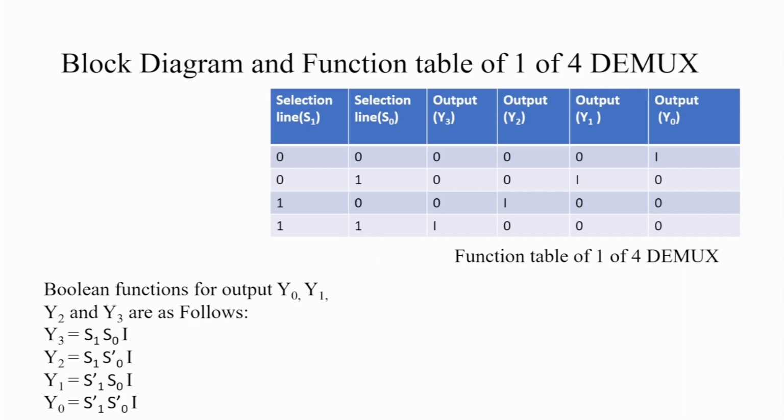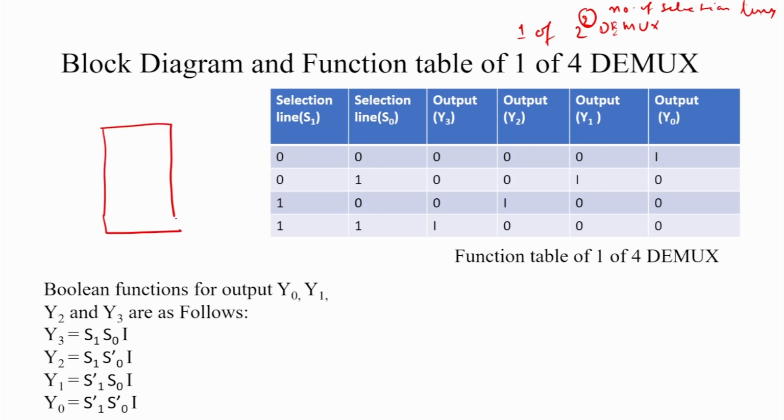Similarly, the block diagram and circuit diagram of the 1 of 4 demux. 1 of 4 demux is also known as 1 of 2 to the power 2 demux. Here this 2 indicates the number of selection lines. In the block diagram of a demultiplexer, there is only a single input line and 2 to the power n output lines, here 4 output lines named y0, y1, y2, y3.